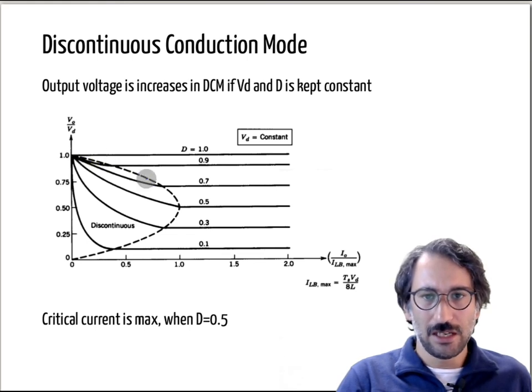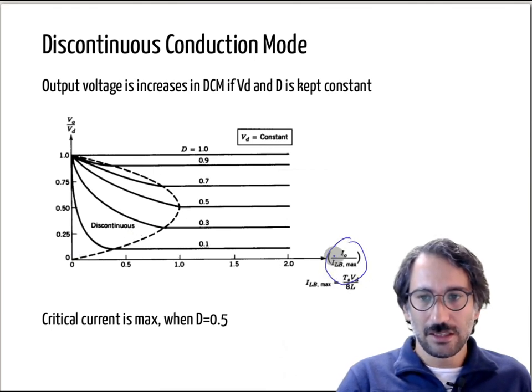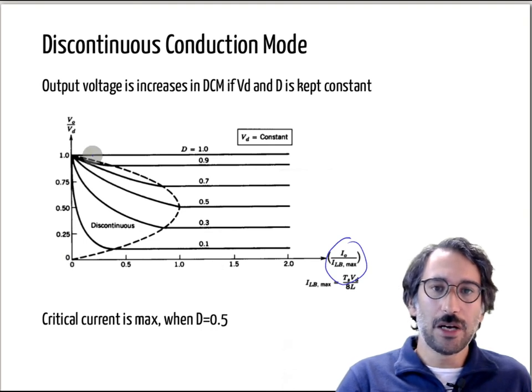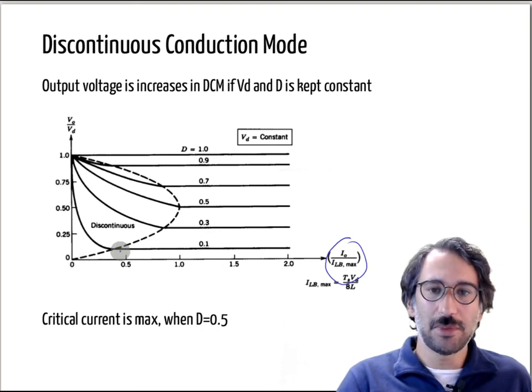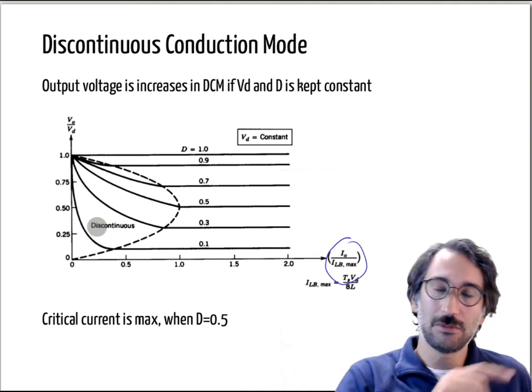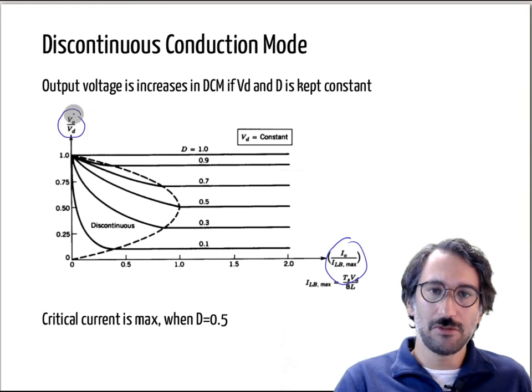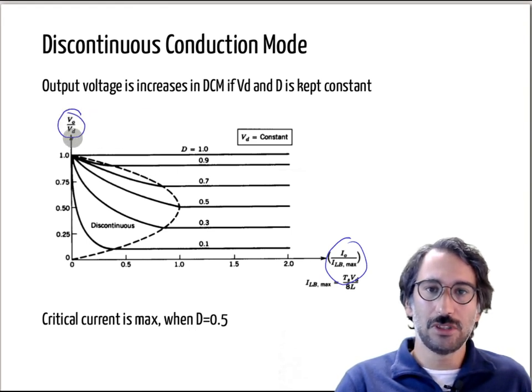So here, that curve can be similar to the current on that axis. So this is the boundary, okay, that dashed line is the boundary from continuous conduction mode to discontinuous conduction mode. So it was basically the previous slide. So this is the ratio of the output voltage to your input voltage.